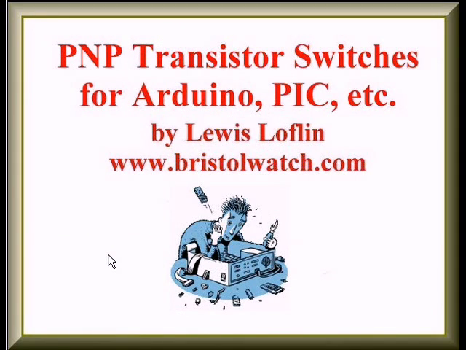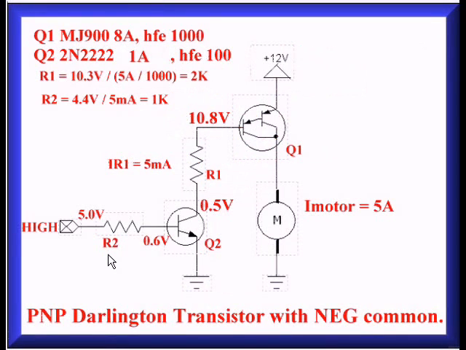Okay, so that's an introduction to PNP transistor switches. Of course, I went into much more detail on the NPN transistors, but the ideas are exactly the same. You have to pay attention to your betas, which is HFE, your collector current max, and be wary of how you hook this up.